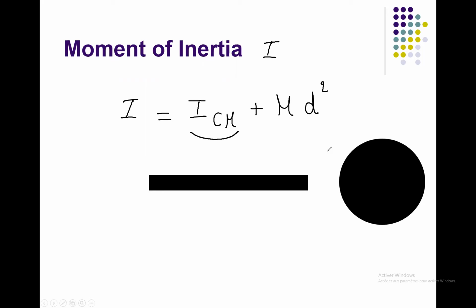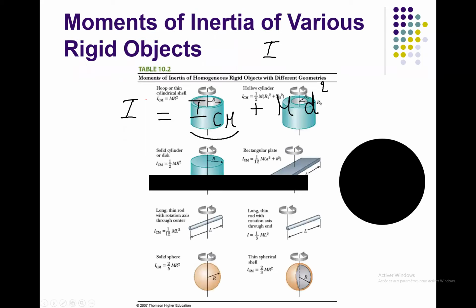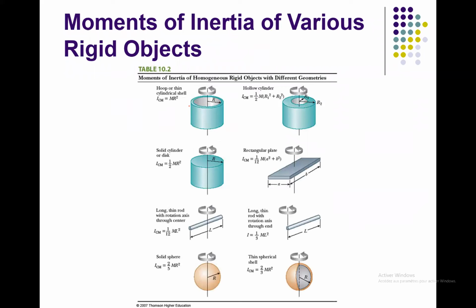I_cm for any object must be given, okay? For example, here we have a table. In the case of an empty cylindrical shell, or thin cylindrical shell, I_cm equals m r square.